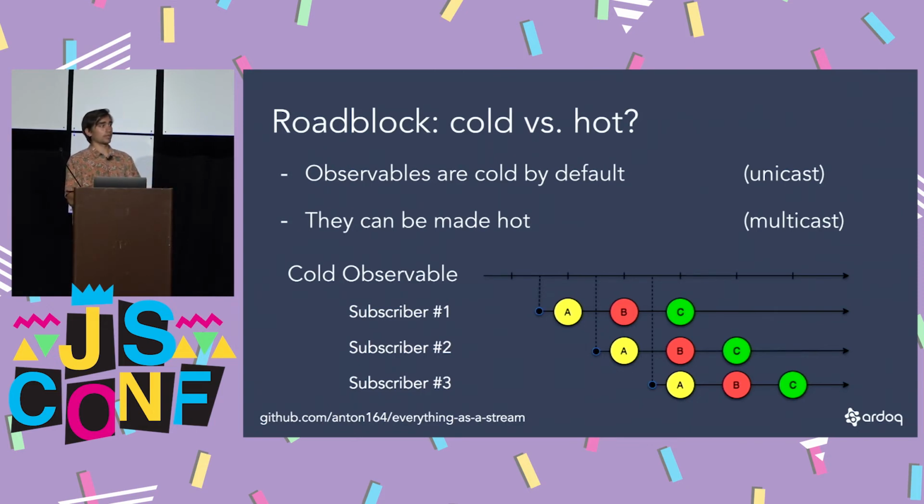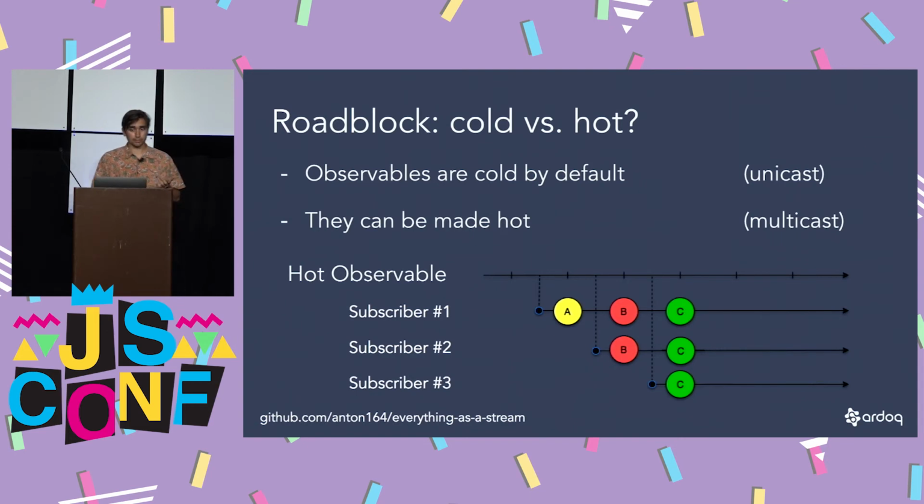That makes sense for some cases. For example, if an observable is defined to be an API call, you would expect that every new subscriber would do a new API call. However, for some cases, such as state streams, that's not really efficient, because every new subscriber to the state stream would create a new producer. So if we have 5 subscribers to a state stream, it would recalculate the state every time.